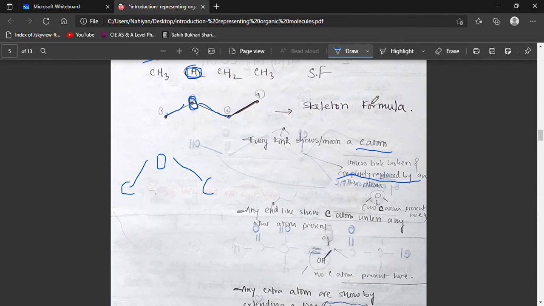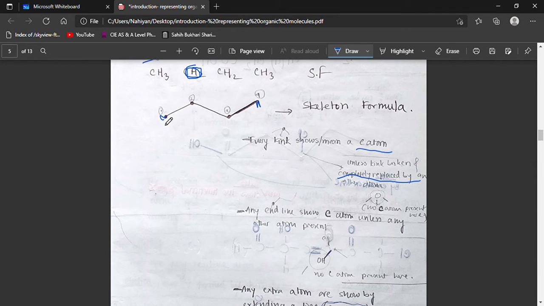And the other thing is that the end of a line shows a C atom. What I said is this end also represents a carbon atom unless there is something else present.